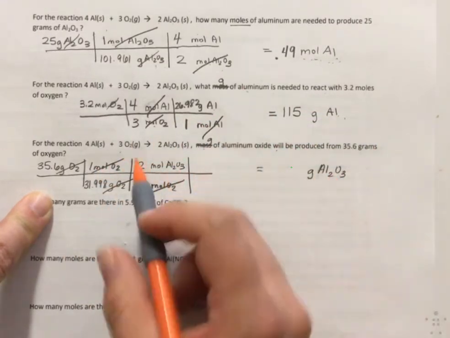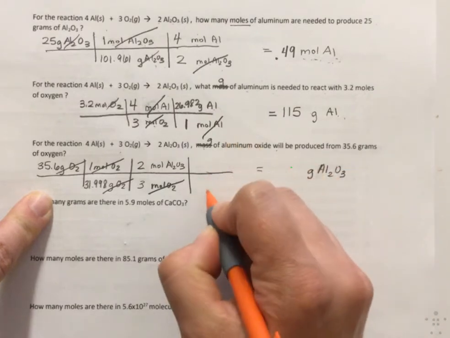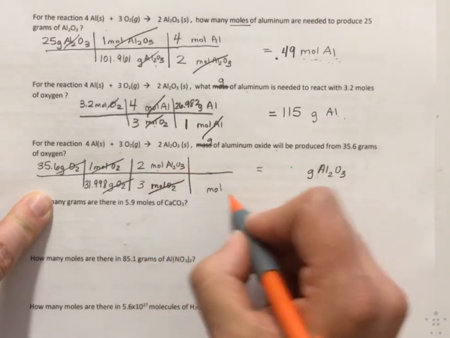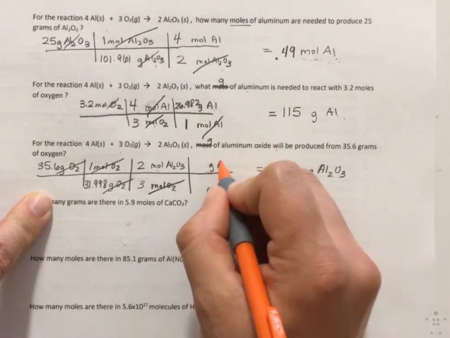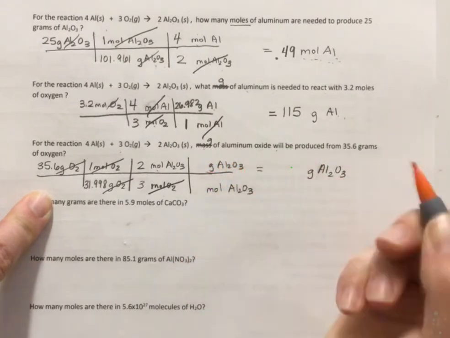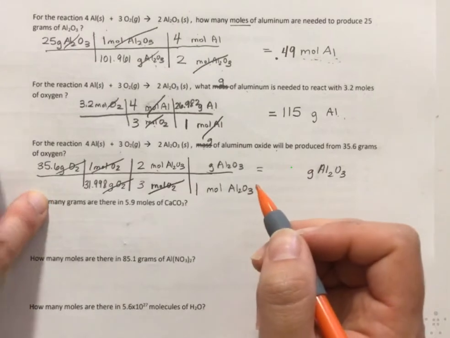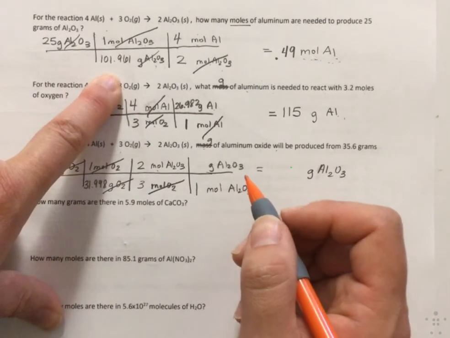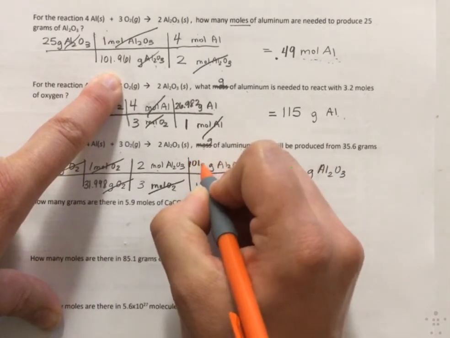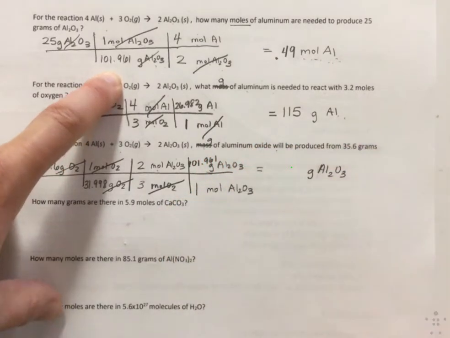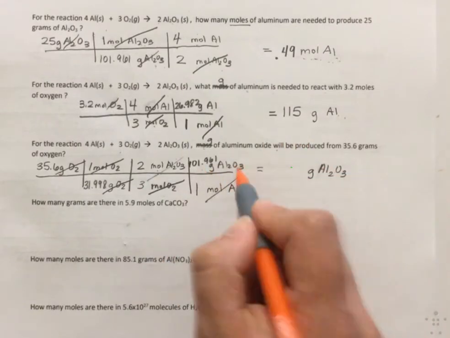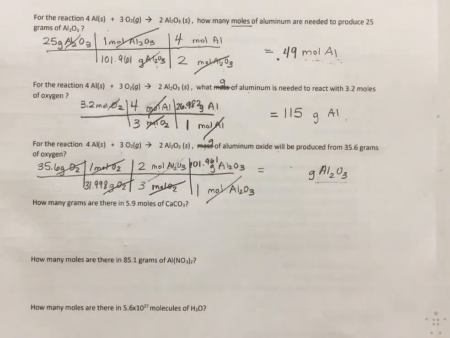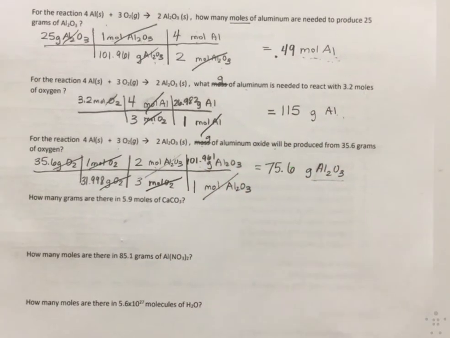Labels don't match, so I have to go to my final step. Bring this label to the bottom. And my molar mass of aluminum oxide is up here. Now I just need to solve because everything is canceled out except grams of aluminum oxide, which is what I want, which gives me my answer of 75.6 grams.